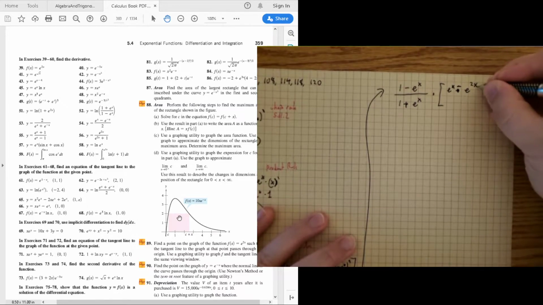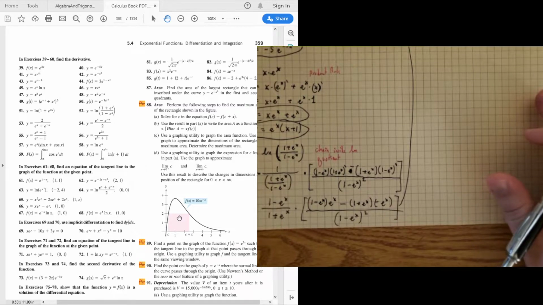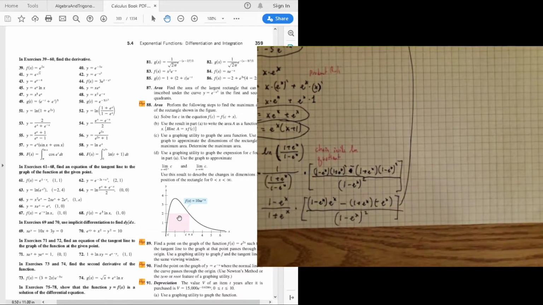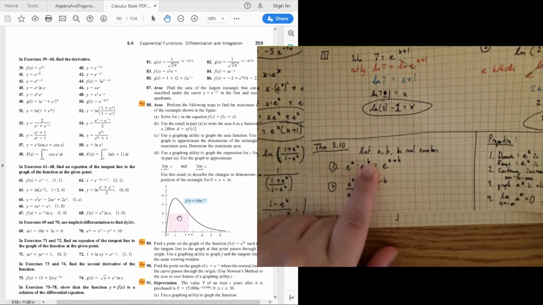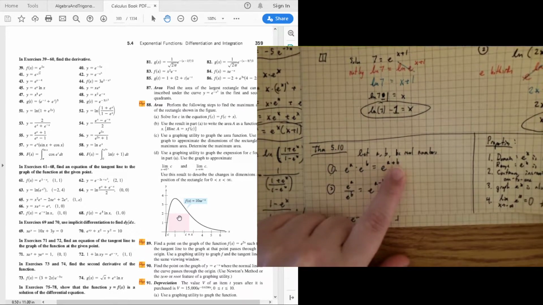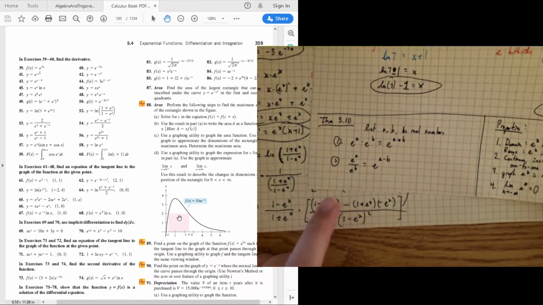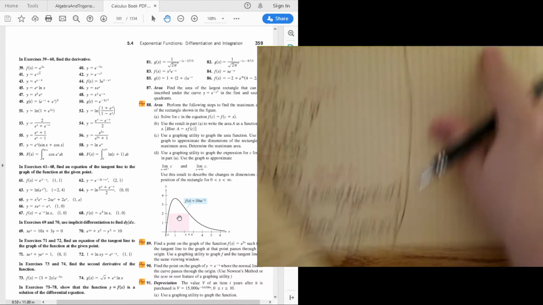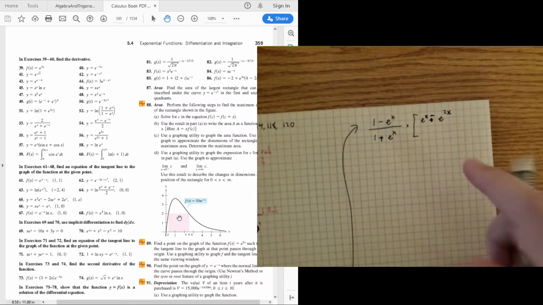In this case, remember, e to the x times e to the x, that is actually one of our properties, which states that e to the a times e to the b would be e to the a plus b. So e to the x times e to the x would be e to the x plus x, or e to the 2x. It's a lot of cheating, but those are the properties.